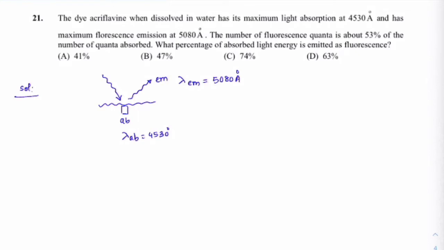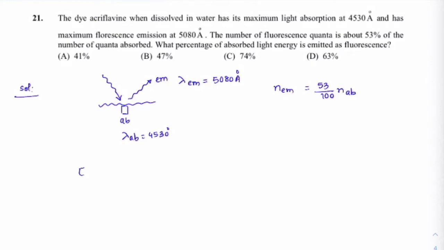So far so good. Next, the number of fluorescence quanta is about 53% of the number of quanta absorbed, which means the number of emitted photons is around 53% of the number of absorbed photons.